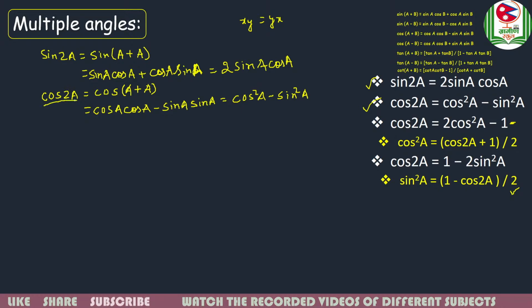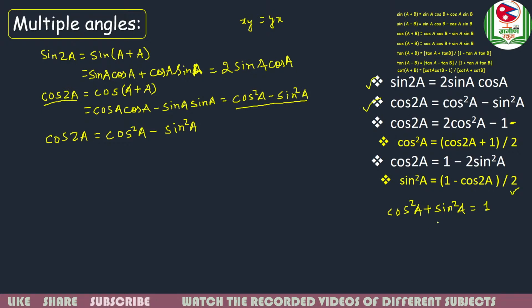We have cos 2A equals cos square A minus sin square A, and using this relation we will replace sin square A using the formula sin square A plus cos square A equals 1.